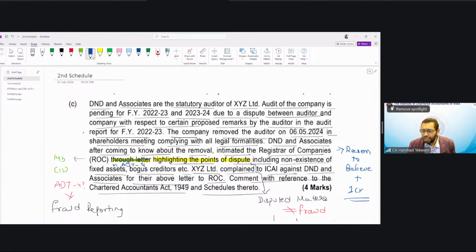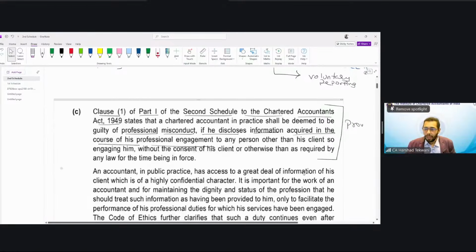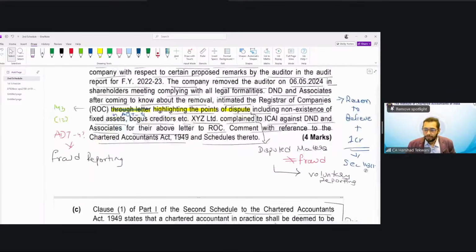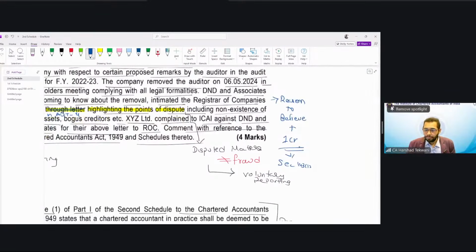If these are the conditions, then you can say it's a duty of the auditor, ADT 4 is filed, and accordingly it is being reported to the ROC or MCA. It's a duty of the auditor required by law. You can say that Section 143(12) requires the auditor to report this matter, and accordingly the reporting has been done. So it will be valid.